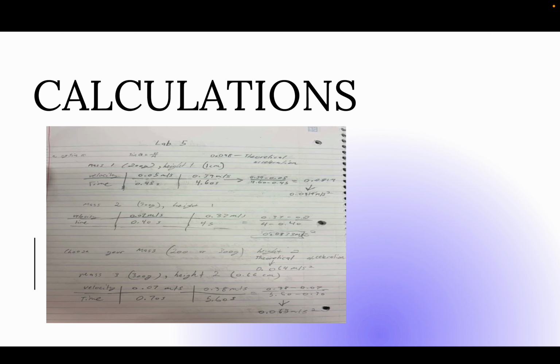We recorded an initial velocity of 0.07 meters per second with a time of 0.77 seconds and a final velocity of approximately 0.38 meters per second with a time of 5.60 seconds. Once again, we apply the formula of change in velocity divided by change in time to determine the acceleration of the system.